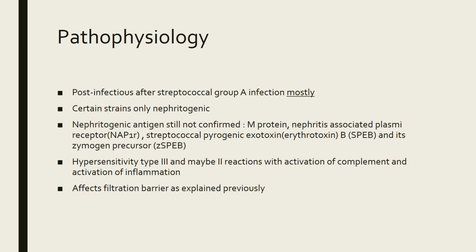To this day, nobody knows for sure what the antigen that actually causes nephritis, the nephritogenic antigen, is. It has not yet been confirmed, but candidates along the years have included things like the M protein. Why the M protein? Because you remember that there are certain M protein strains associated with nephritis, whereas others are associated with rheumatic fever. So naturally, they thought that it might have something to do with the M protein.